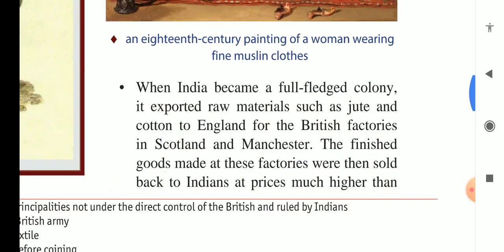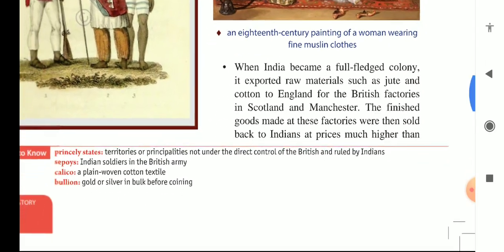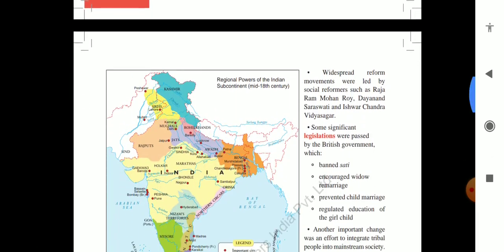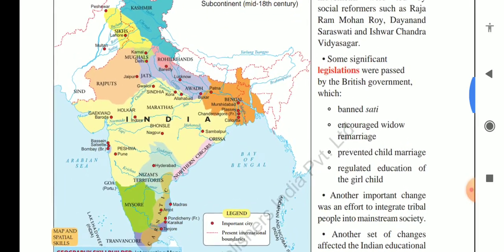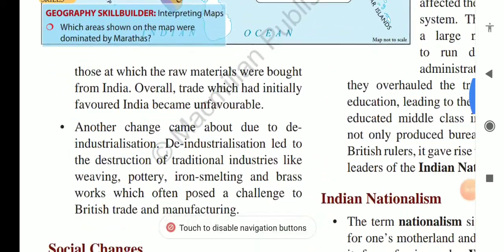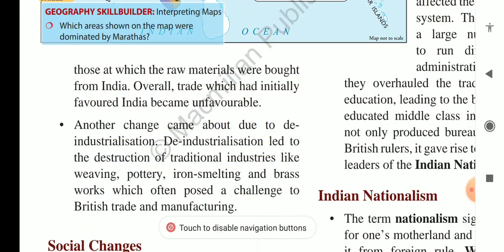Right? So at that time, Indian raw materials were exported to Britain, and whatever finished goods were made from those raw materials were sold back to Indians at a much higher price than those at which the raw materials were bought from India.